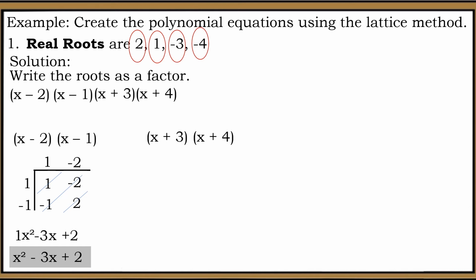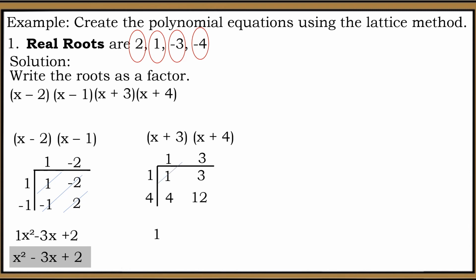Then, dito naman tayo sa x plus 3 times x plus 4. Let us use the lattice method. The numerical coefficient of x plus 3, we have 1 and 3. The numerical coefficient of x plus 4, 1 and 4. Then you multiply. 1 times 1, 1. 1 times 3, 3. Then 4 times 1, 4. 4 times 3, 12.